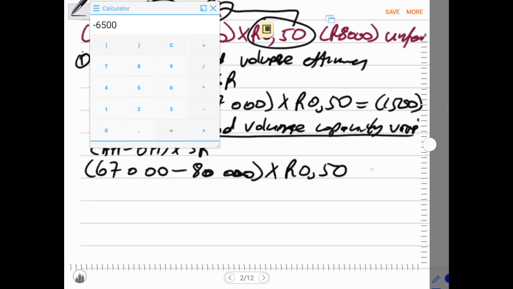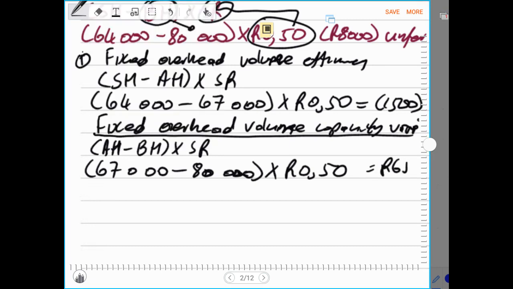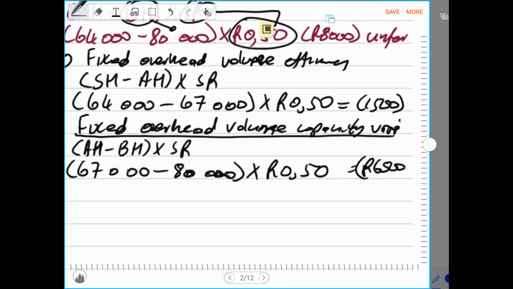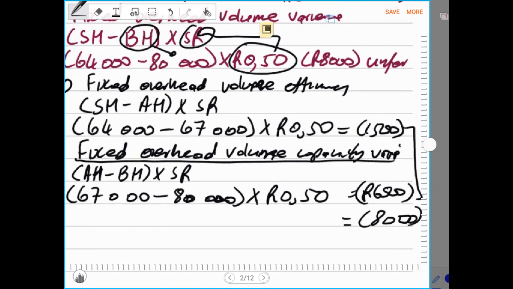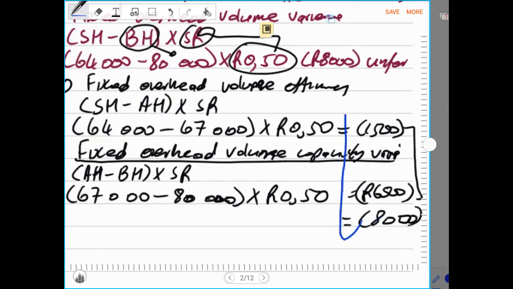And this gives us, as usual, a negative variance of 6,500, which is unfavorable. So now if you say this plus this, it should give us negative 8,000. And this negative 8,000 is the 8,000 that we calculated in the first variance.